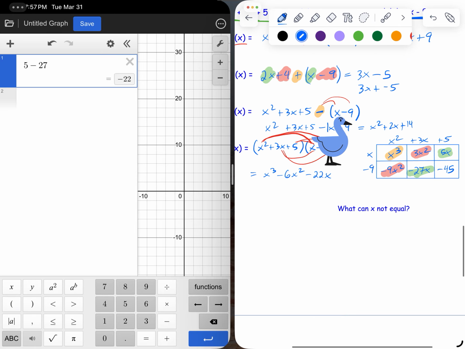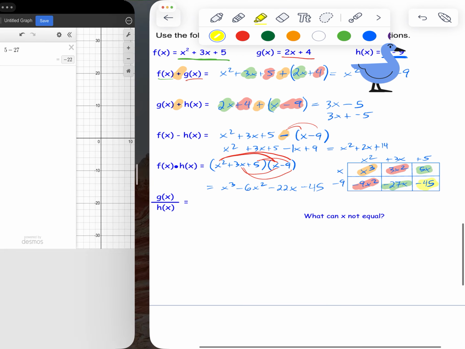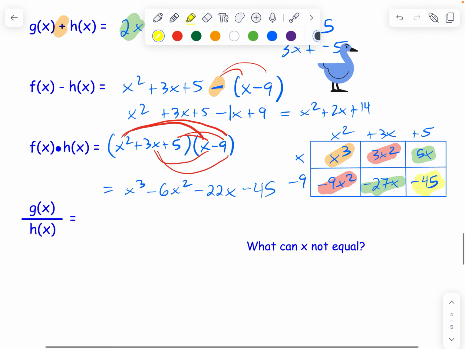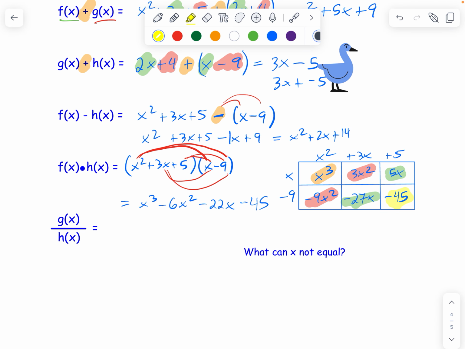That was the green parts. And then the last part doesn't have anything to go with. Negative 45 doesn't have any friends. So that is a loner, so to speak. So we'll make that one yellow. Okay. So that multiplying can take quite a long time. So this is my final answer right here, to be clear. This box right there.